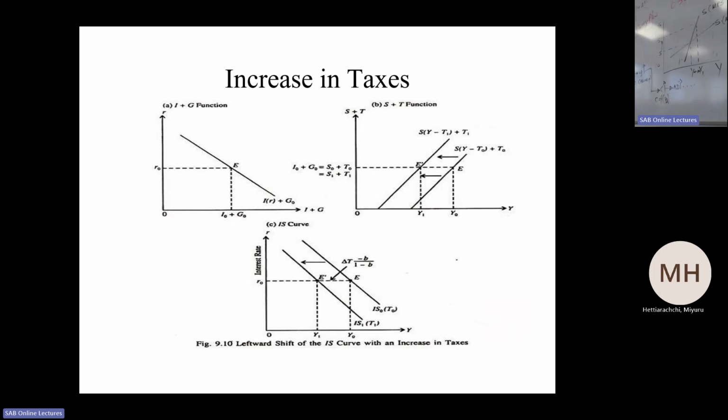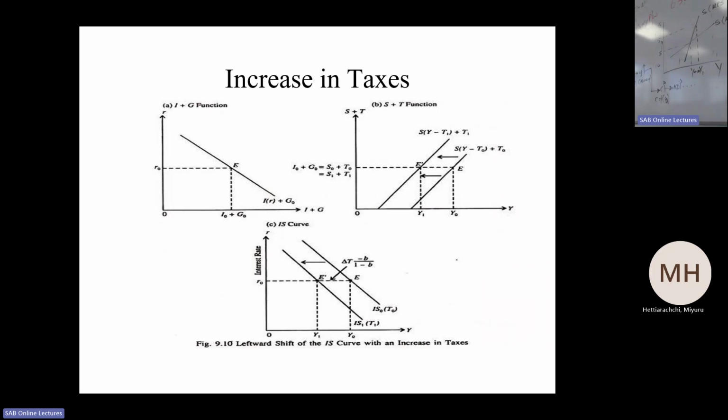At this level there is a lower income, which naturally negatively affects net income because of higher taxes. That's why it shifts to the left. So we have Y1 income, R0, Y1, and you can see the IS curve shift to the left.